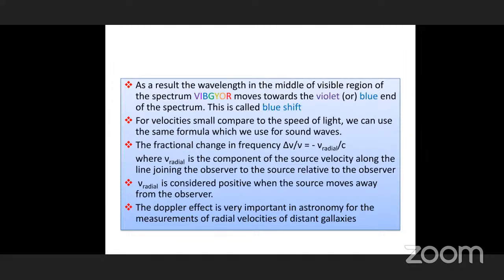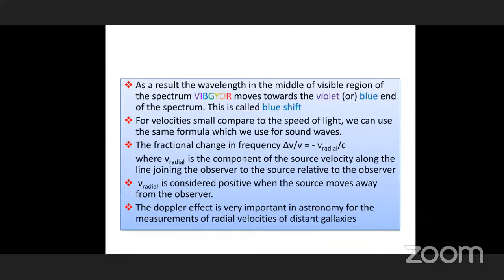As a result, the wavelength in the middle of the VIBGYOR region of the spectrum moves towards violet or blue. Lesser wavelength means violet, indigo, blue. These three seem to be lesser wavelengths. Therefore, this is called blue shift.